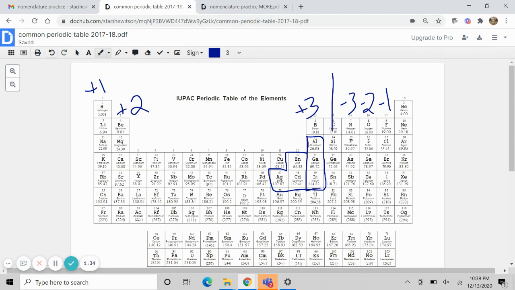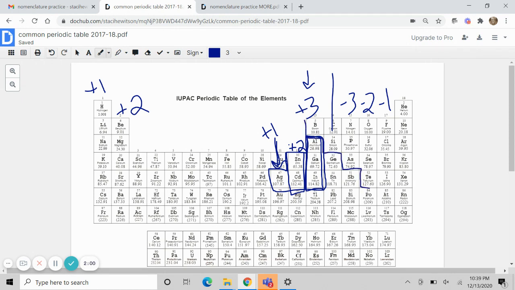So these guys are all +3, which makes sense because there's a +3 here, right? But these guys are always +2. So if you want to write that somewhere, I don't know where, that those guys are +2. And then this one right here, which is silver, this one is +1. So those ones you should have memorized or written on your periodic table as well.